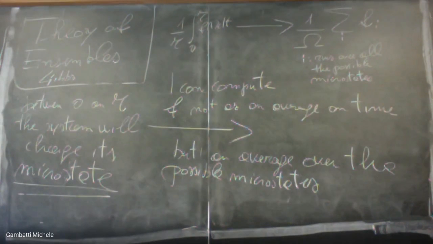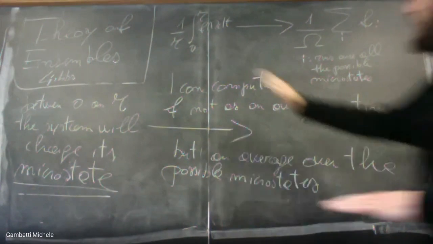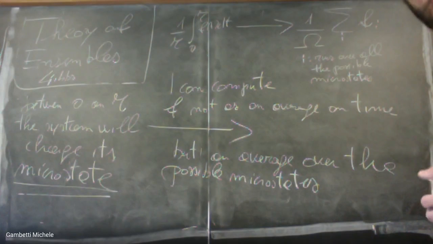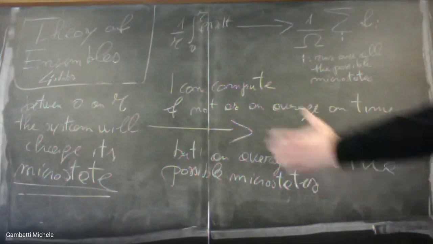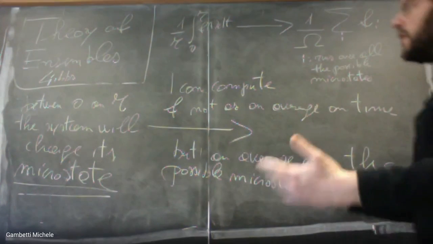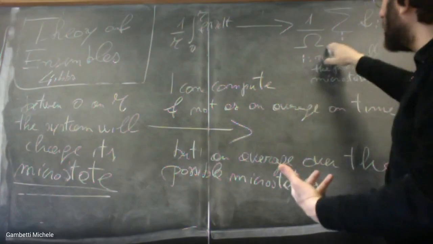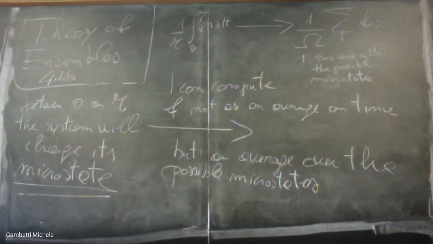So the idea is to remove this time average, because we are not really able to do this time average, and to explore, for our macroscopic systems, all the microscopic states corresponding to the same macroscopic state, and then average over these microscopic states.